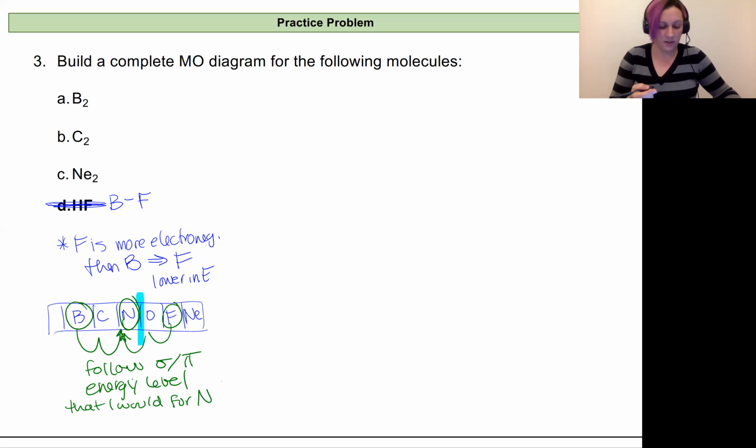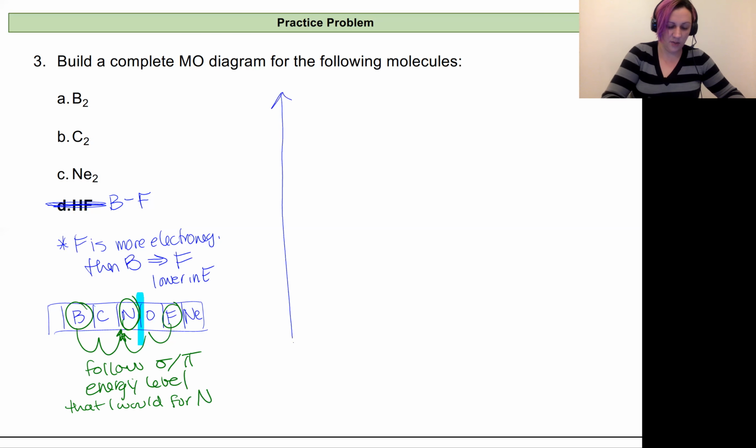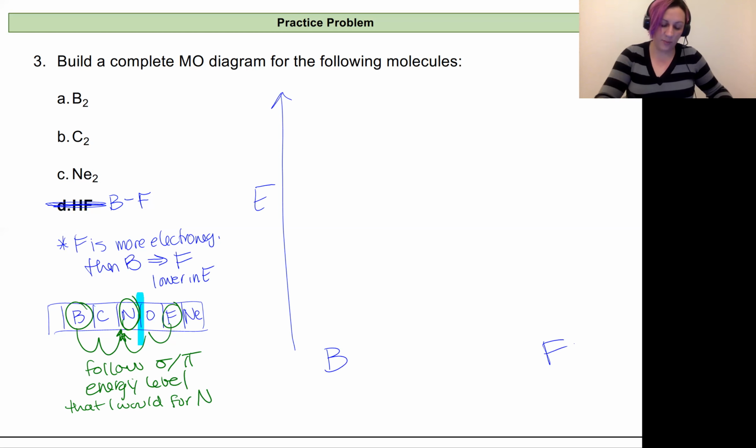All right. So with that, I'm going to start building my MO diagram. I've got my energy scale, and I'm going to have boron, and I'm going to have fluorine. My first step is to put in their atomic orbitals. These are both going to be 2s and 2p orbitals for their valence electrons. And fluorine is going to be lower in energy.